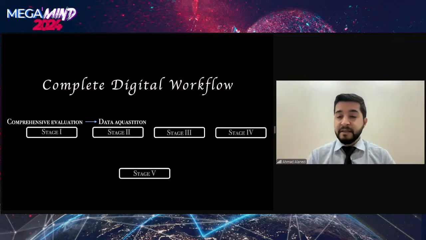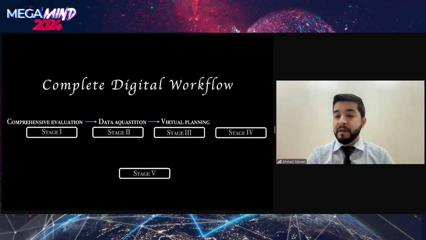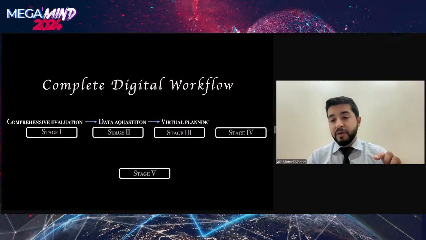After having this data, you will be able to perform virtual planning. During the virtual planning phase, you can superimpose this data together, the DICOM with the IOS file. You'll know what type of implant you're going to place, the diameter and length, and most importantly, the virtual abutment before you even start your surgery.